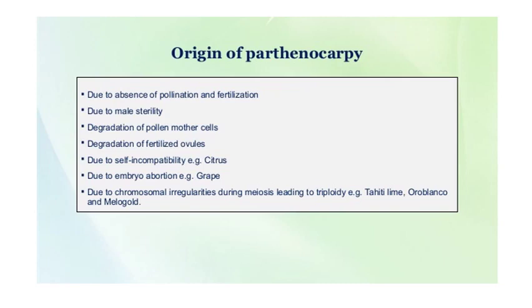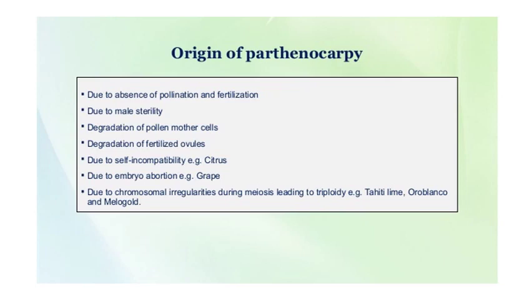Parthenocarpy also originates when the fertilization of the ovule degrades, and due to self-incompatibility, for example in citrus fruits, and due to embryo abortion, for example in grape, a process called stenospermocarpic parthenocarpy.